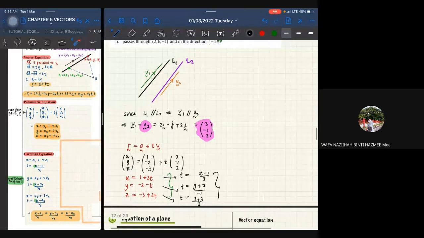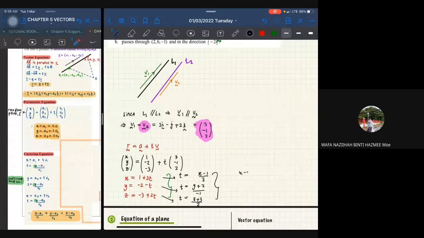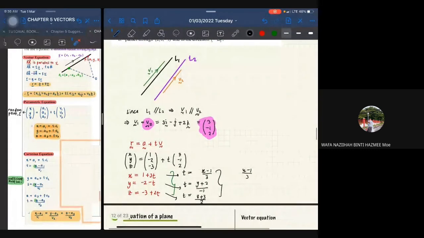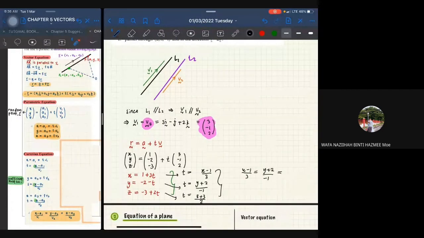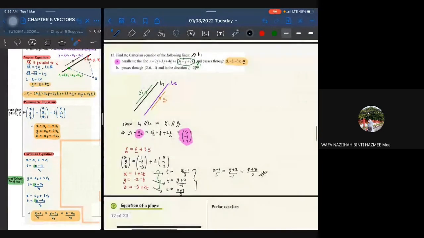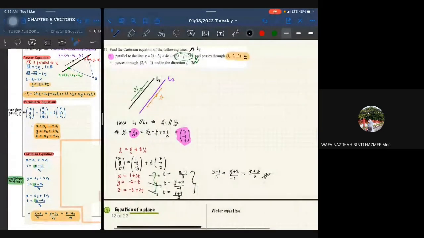Okay, so kita akan tulis semula dalam satu baris. So you will have (x minus 1) over 3 is equal to (y plus 2) over negative 1, which is equal to (z plus 3) over 2. Settle. Okay, so dapat tak jawapan yang sama macam saya? You get the same answer?